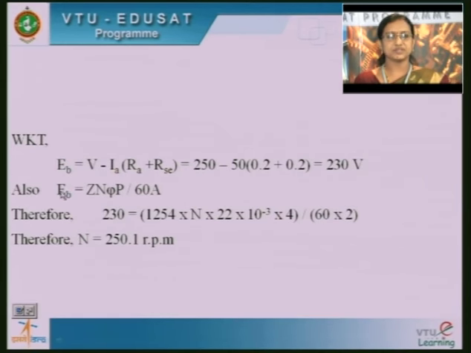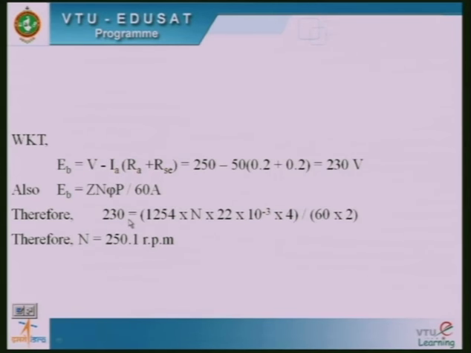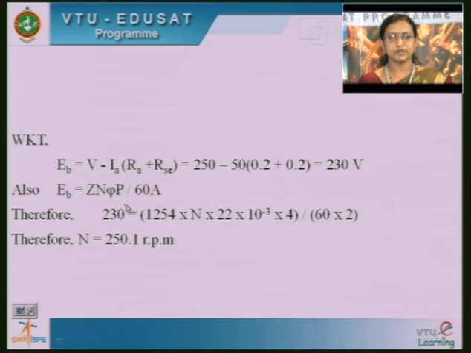And we have the equation, that is generated EMF, that is Eb, the back EMF is equal to ZNφP divided by 60A. Substitute all the data given in the problem: Eb we have calculated as 230 volt, Z is 1254, the number of conductors, N is unknown, φ is given in the problem as 22 milliweber, number of poles is equal to 4, 60 divided by number of parallel paths, since it is wave wound A is equal to 2.